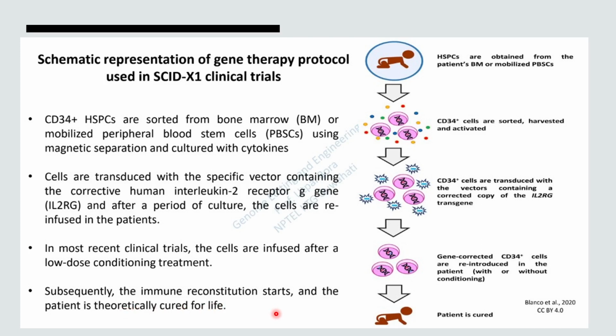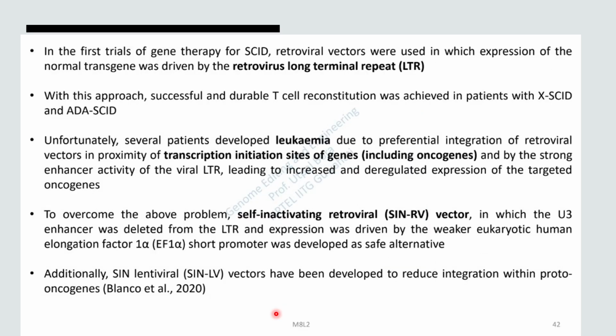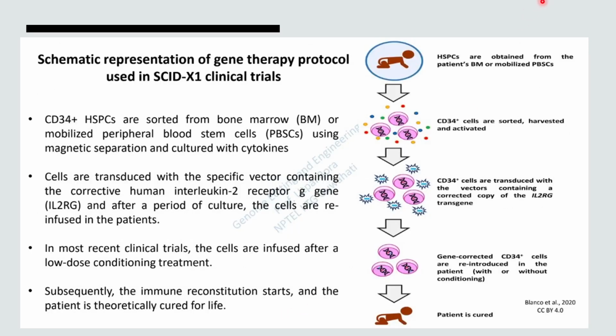On the right side, it shows a schematic representation of how the patient is cured. Hematopoietic stem cells are obtained from the patient's bone marrow or mobilized PBSCs, that is peripheral blood stem cells, which contain CD34 plus cells, and are sorted, harvested and activated. Next, CD34 plus cells are transduced with the vectors containing a corrected copy of the IL2RG transgene.